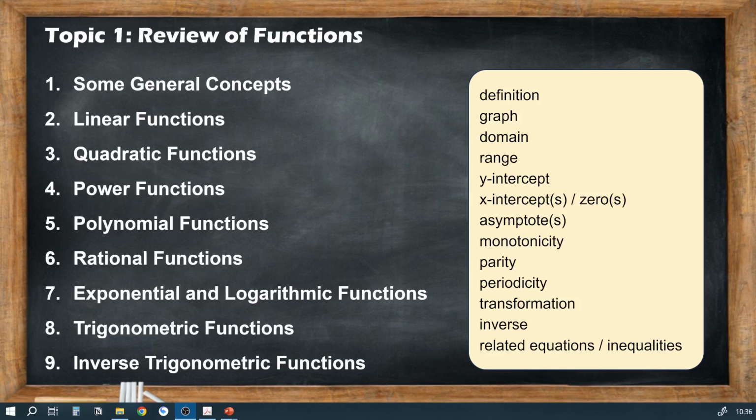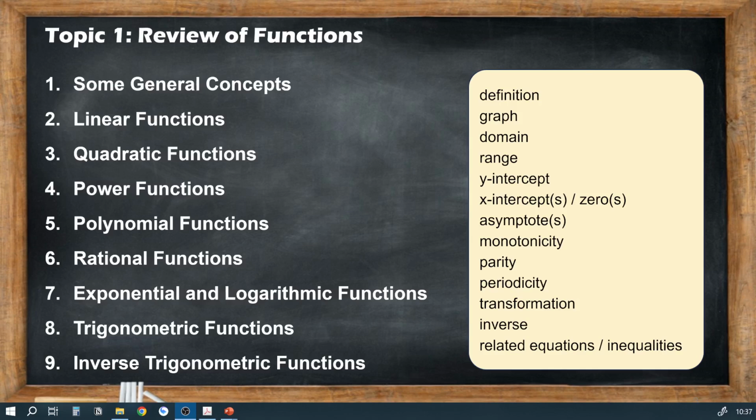If you know its graph, basically you know most of its properties, right? And then domain, range, y and x-intercept, asymptotes, if any, monotonicity, which means if there exists an interval, the function is increasing or decreasing.